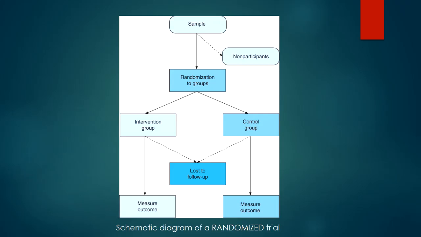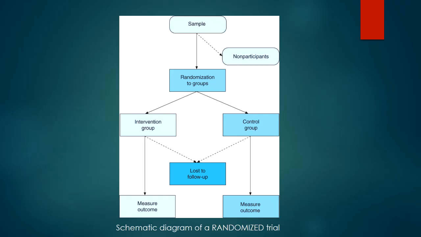So after randomization occurs, we have our intervention group that receives the treatment that we're testing and the control group that's receiving the placebo, standard of care, or some comparison treatment. And then we follow people in both groups over time to measure the outcomes. And along the way, we may have people who drop out of the study, die, or leave for some other reason, and those people are called lost to follow-up.